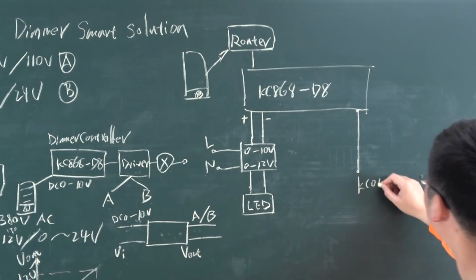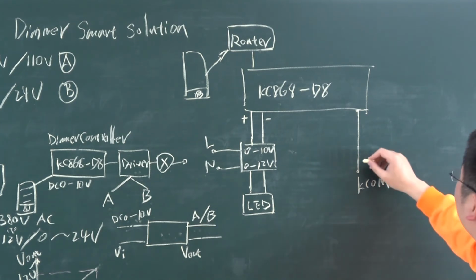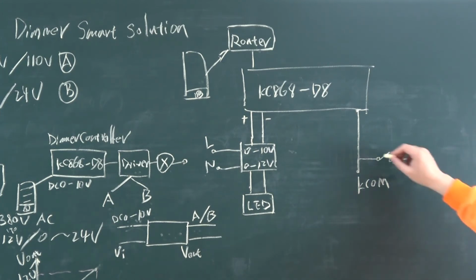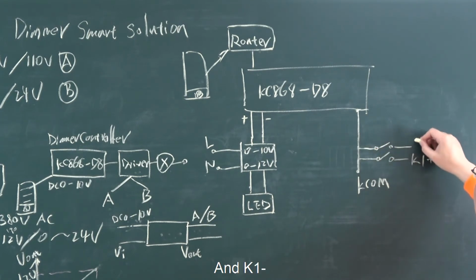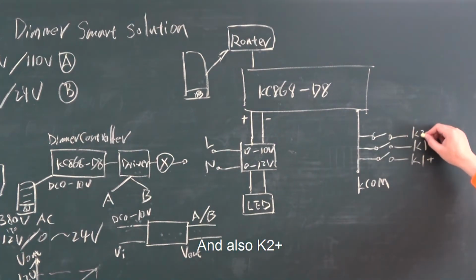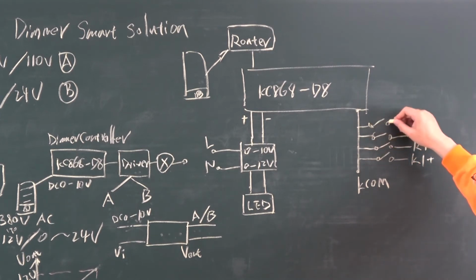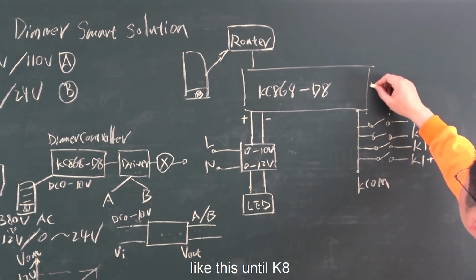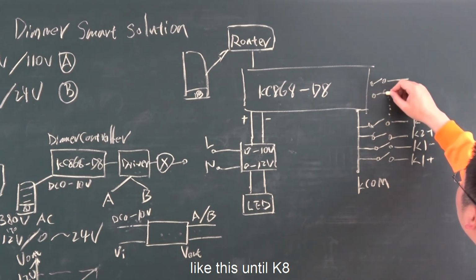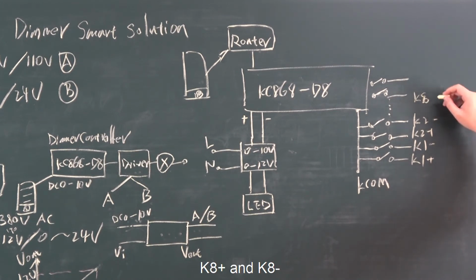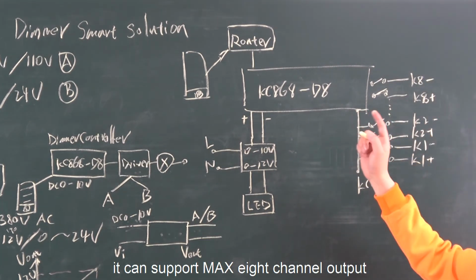This is KinCony, just like the lamp in the last lesson, and this is K1 up and K1 down, and also K2 up, K2 down, just like this until K8 up and K8 down. So you can support a maximum of 8-channel output.